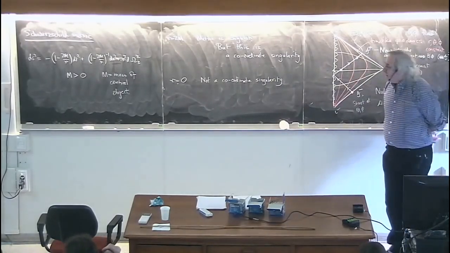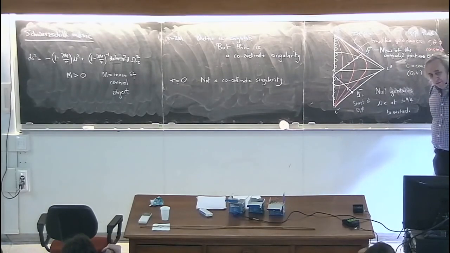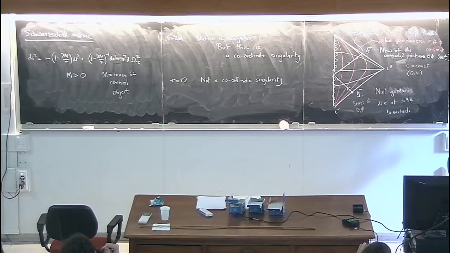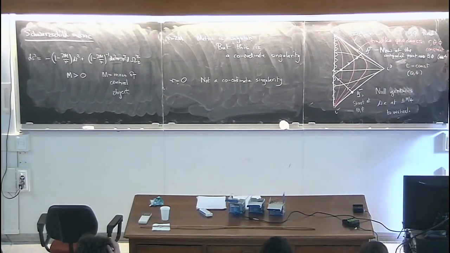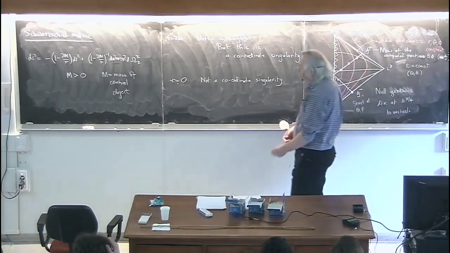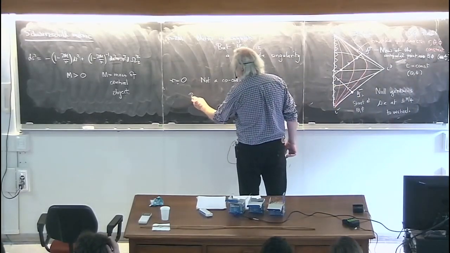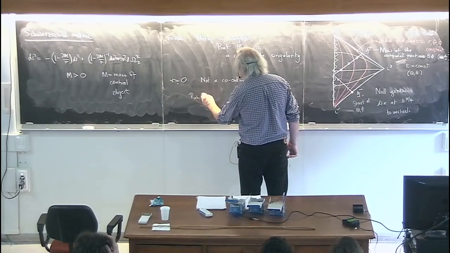So it really isn't good to try and use components of tensors to determine whether or not you have a coordinate singularity or something worse. What you can do, however, is to use scalar quantities, because scalar quantities will not depend on the coordinate system that you use. And if you did that, you could say, well, I'm going to look at, say, R_abcd R^abcd. That's a scalar quantity.